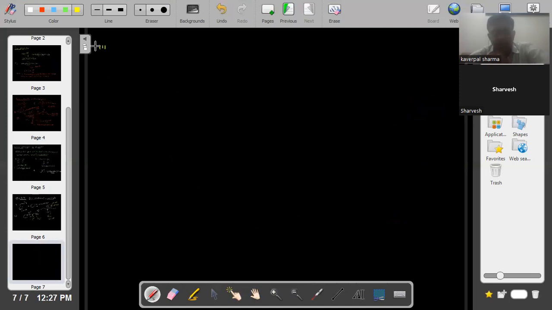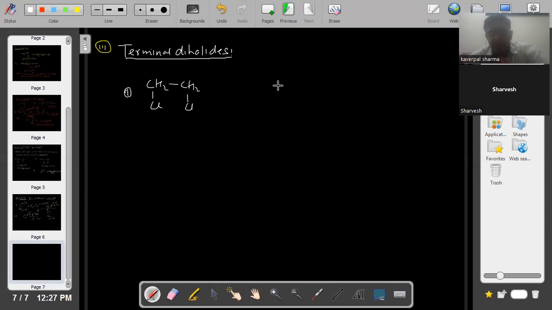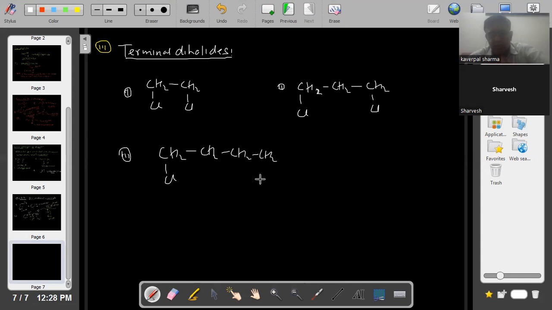The third type is terminal dihalides. CH2Cl, CH2Cl is also called terminal, because at the ending carbon atoms, halogens are there. Third case, CH2Cl, CH2, CH2, CH2Cl.